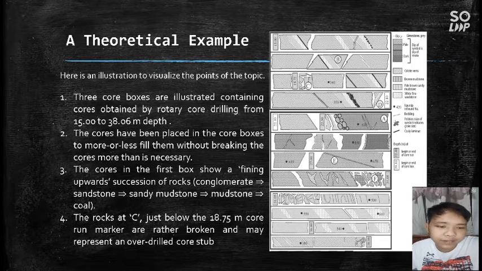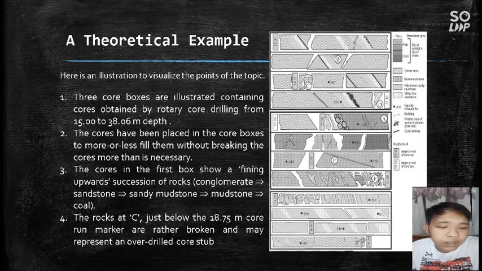Third, the core in the first box shows a fining upward succession of rocks, which is conglomerate to sandstone to sandy mudstone, then mudstone, and lastly coal.